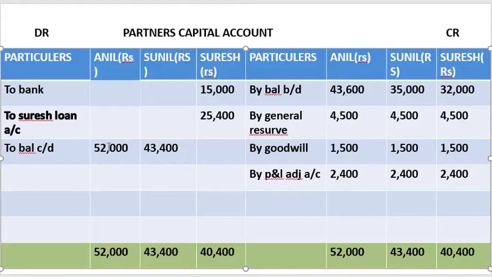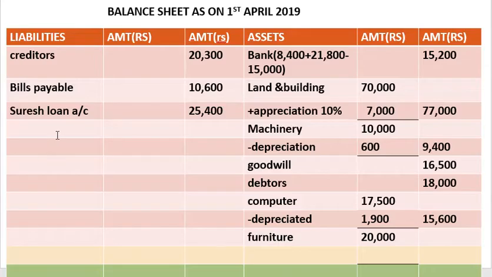Okay. Now this balance will go in the liability side as capital account. Capital account of Anil and Sunil.